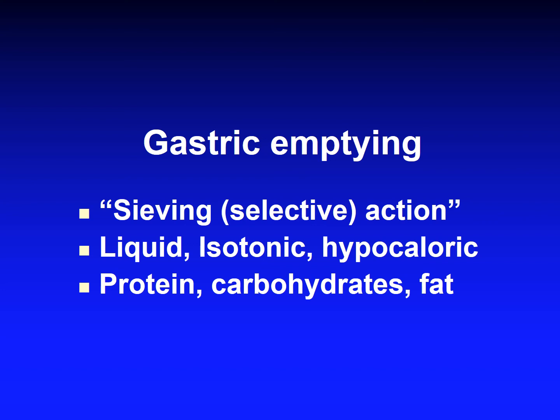This is how gastric emptying is selective in its action. It is pretty selective. Liquid before solid, isotonic before hypo or hypertonic solutions, and hypocaloric before hypercaloric solutions. Protein before carbohydrates, and that is also before fats.